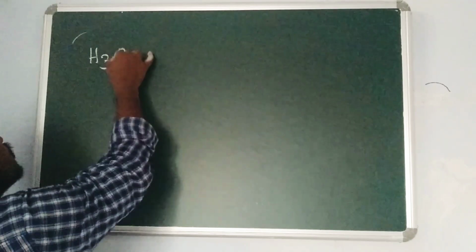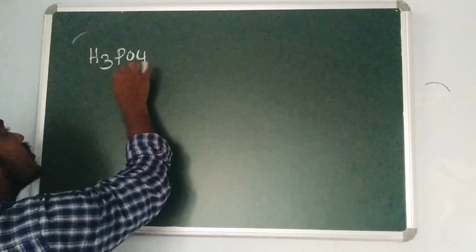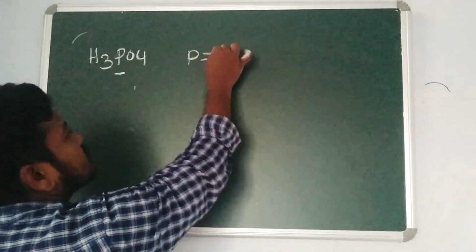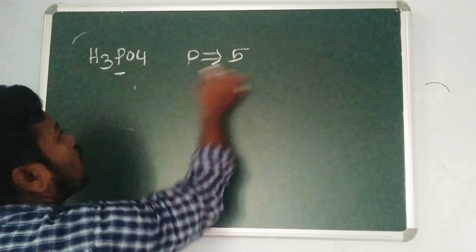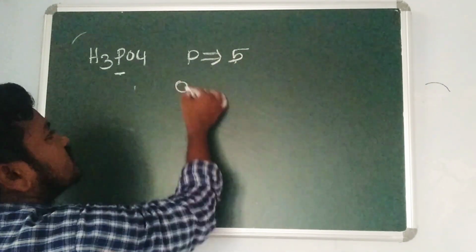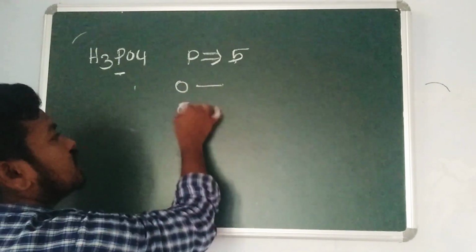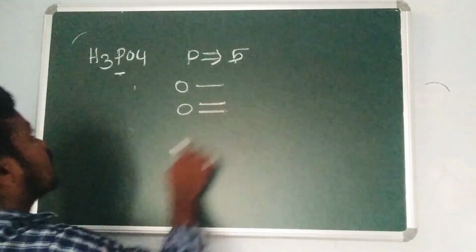H3PO4. How many valence electrons on phosphorus, the central atom? Phosphorus has 5 valence electrons. What is the next step? How many single bonds is oxygen forming and how many oxygens form a double bond?